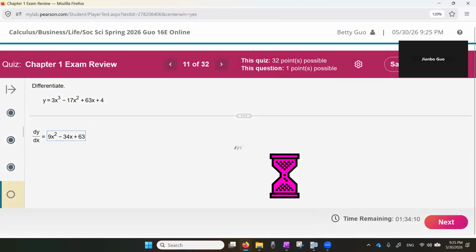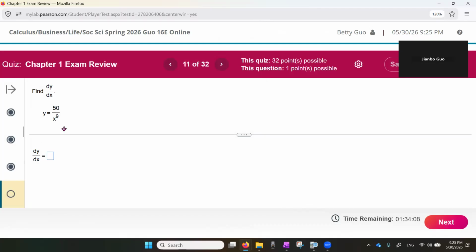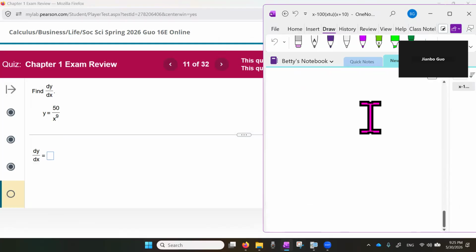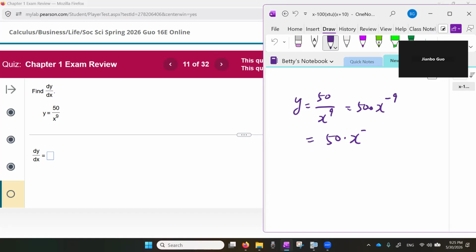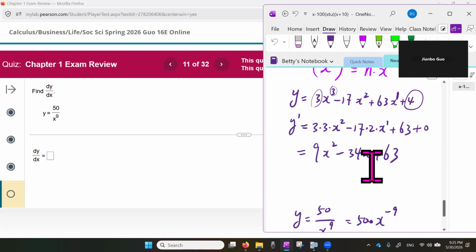Next, question number 11. Find the derivative for this function. Y equals 50 over x to the power of 9. That actually is 50 times x to the power of negative 9. Do you remember the negative exponent rule from algebra 2? So we write this function in power function form so that we can apply the formula.